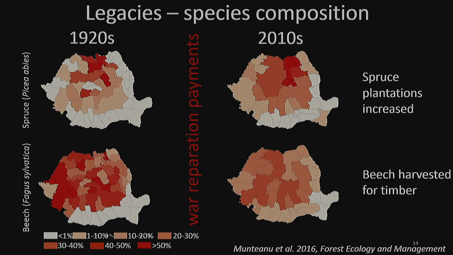And this is because these areas that were harvested for timber in the 1950s and 60s for the war reparation payments have then been massively planted with spruce, and that drove change in the species composition today.